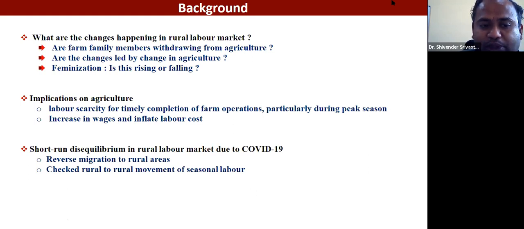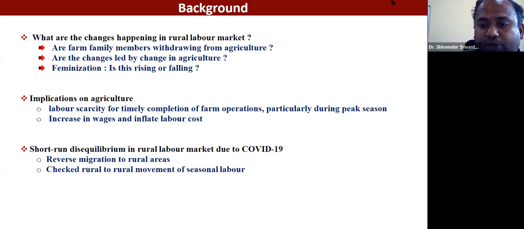If farmers can pay more wages, they can get the labor, but not at lower wages. Once they have to pay more, it will automatically inflate the labor cost and then the cost of cultivation, and it may lead to inflationary pressure in the economy. We need to manage these things.